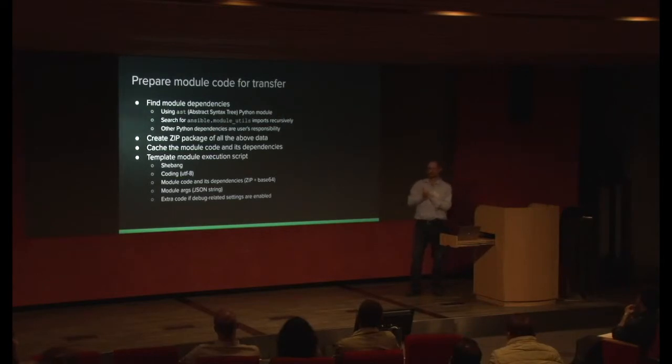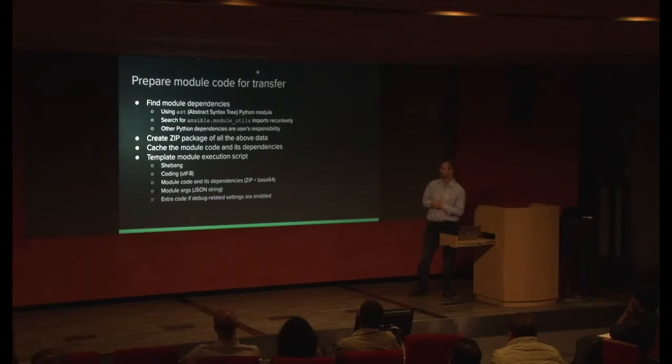And then it creates the execution script, which is basically a Python script generated dynamically through another Python script. What's inserted there is the shebang, which is the path to the Python interpreter, which you can specify on the command line or which is auto-discovered by Ansible.